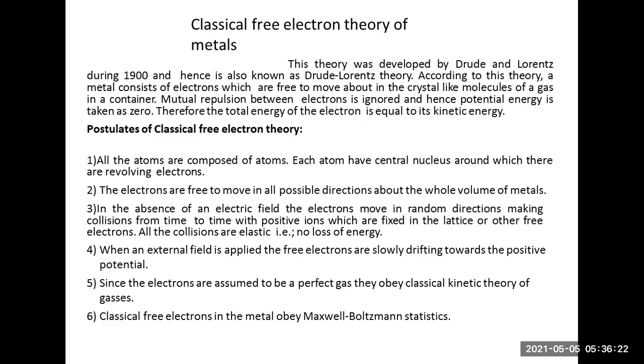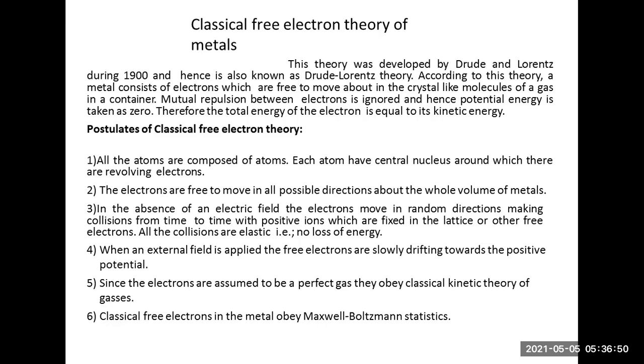Here they assume that the collisions between the electrons are neglected, and that in all the collisions with the positive ions, there will be no loss of energy. This was the assumption made by Drude and Lorentz.